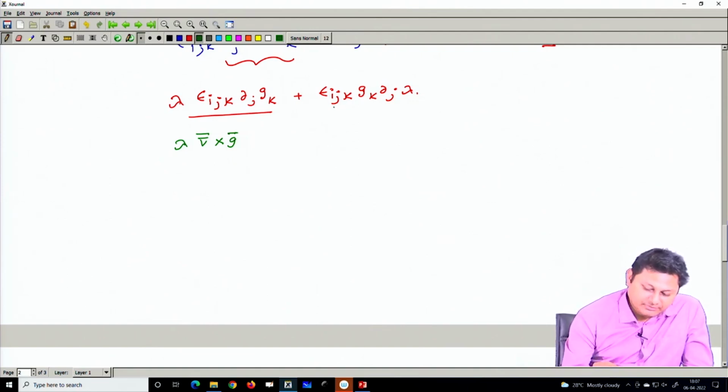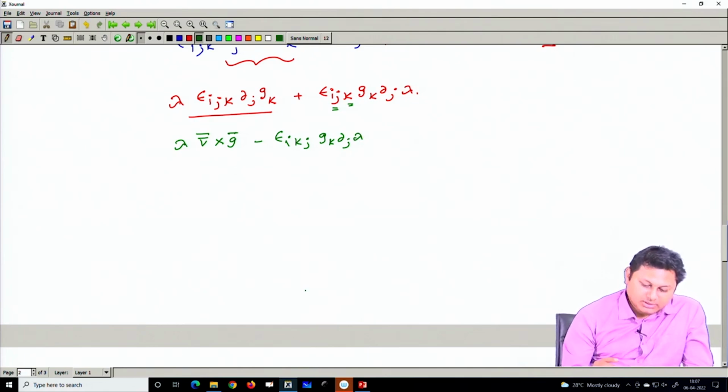What about the next term? Because here we have j and k, here we have k and j. So, if I now change it by putting a negative sign, then it should be epsilon i, and then k j and then g k del j lambda.